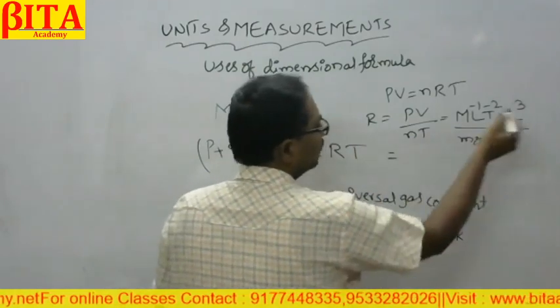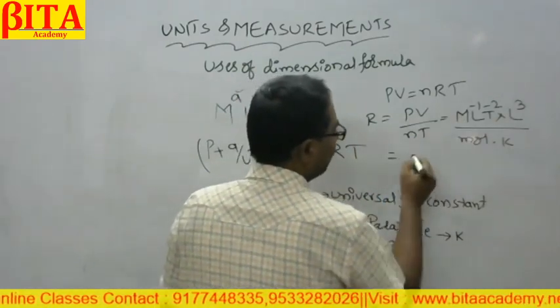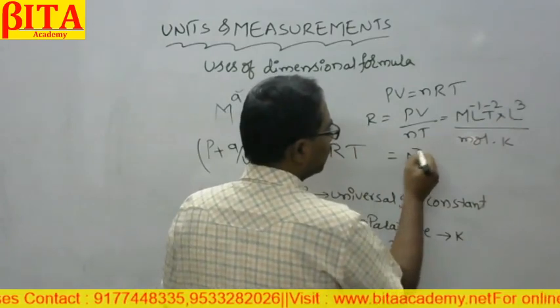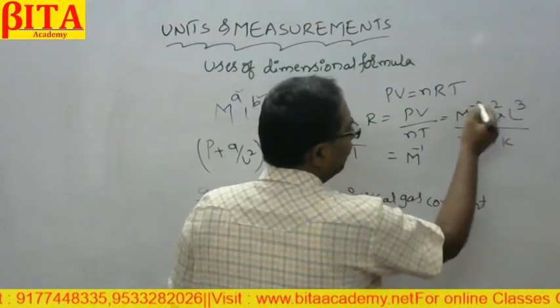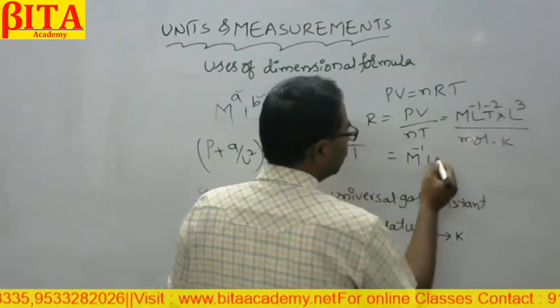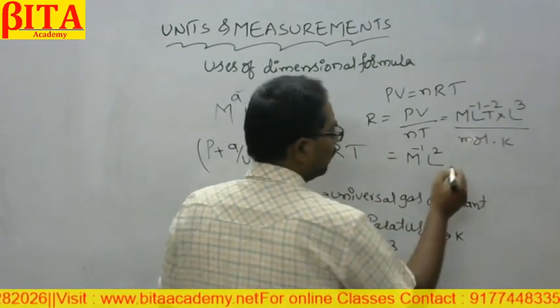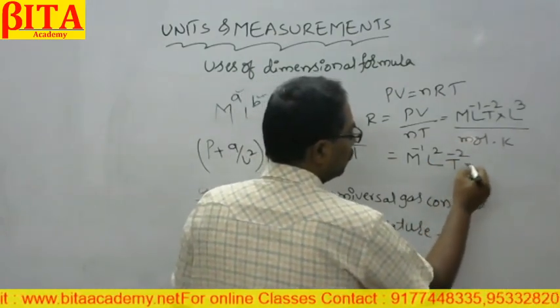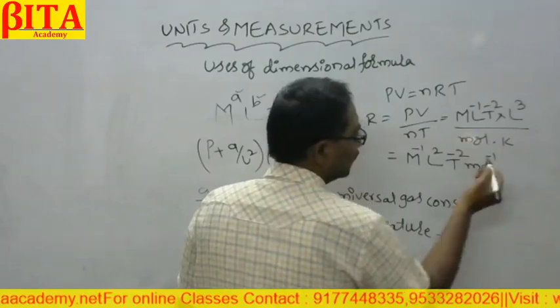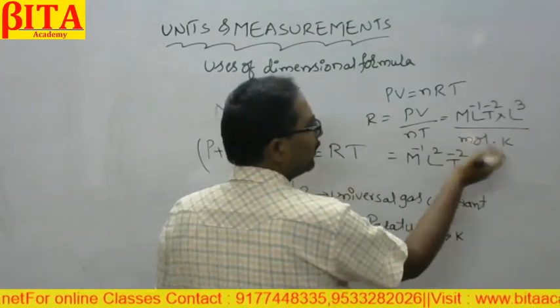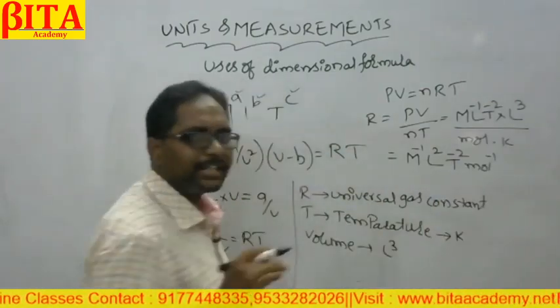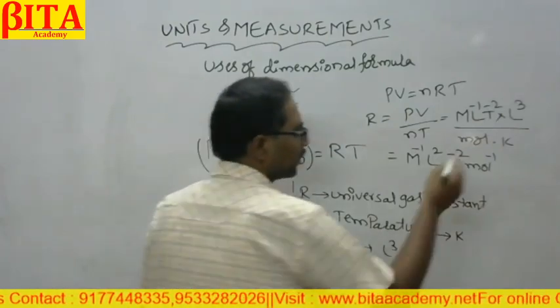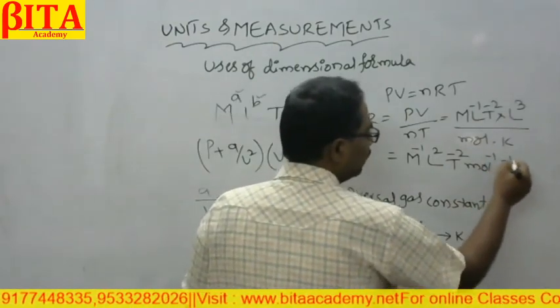Now let us simplify here. M to the power 1, as only one mass term is there, so M^-1. L^-1 is there and L cube is there, so I can write L square, T^-2. I am bringing mole from the denominator to the numerator, so mole inverse, and next Kelvin also to the numerator, so Kelvin inverse.